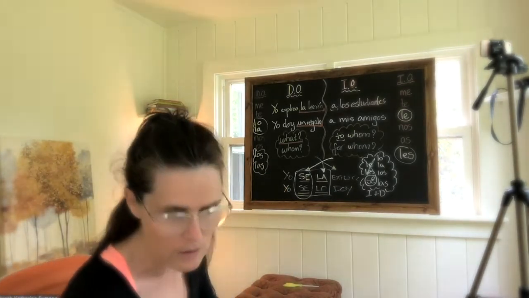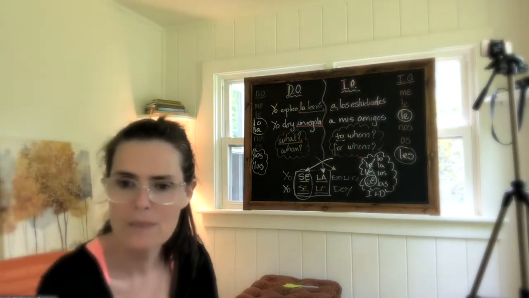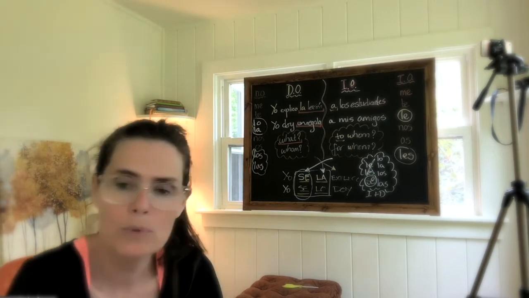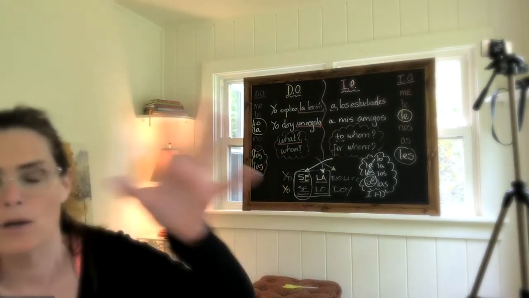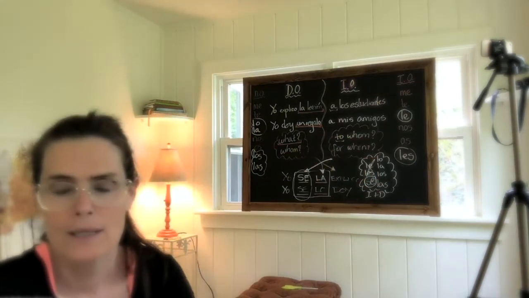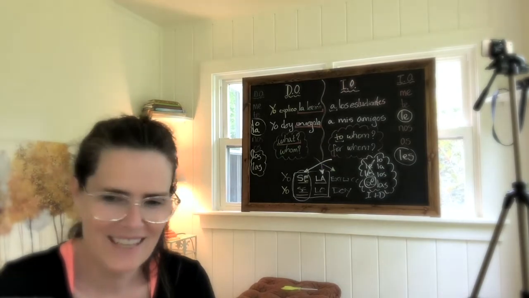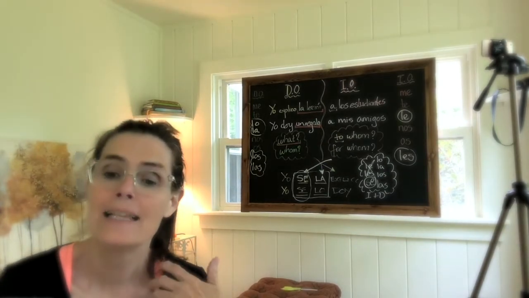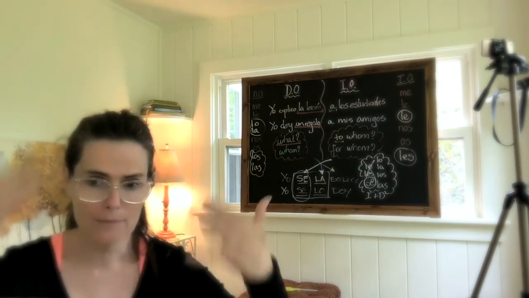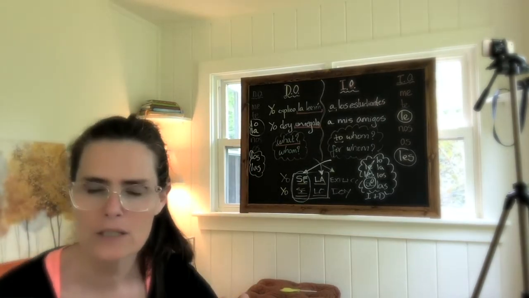The only thing that's going to be a little complicated, where you guys make mistakes, is that when you put them together, lelo, lela, lelos, lelas, etc. As some of you already know, if you're taking more Spanish, le and les will become se. I'm going to show you how it goes very quickly. This is a very short video.